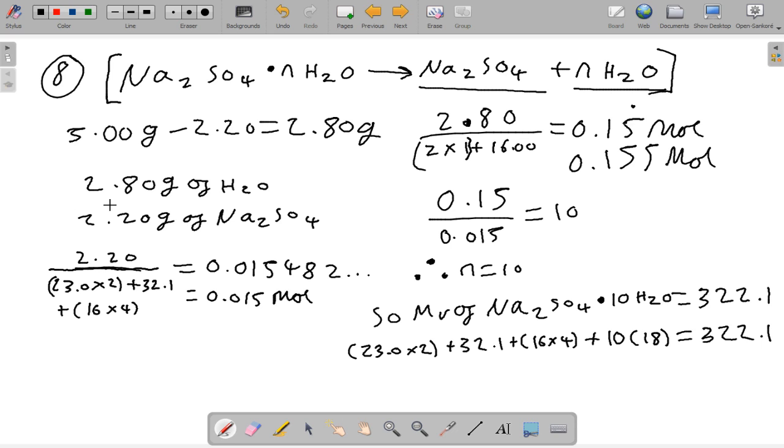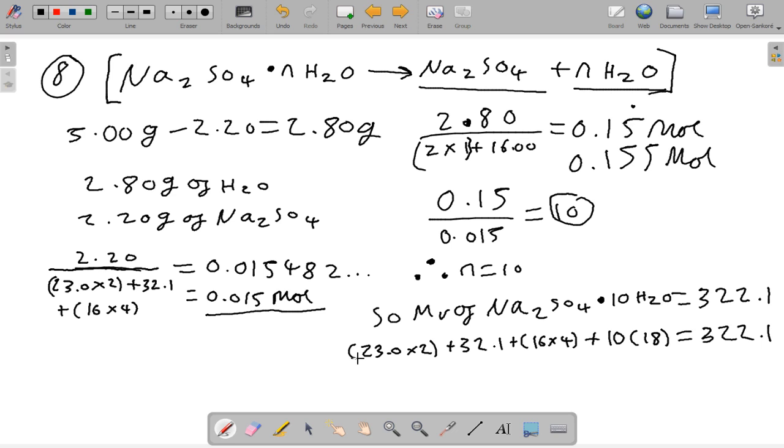And knowing that we have 2.8 grams of water and 2.2 grams of sodium sulfate, we work out the sodium sulfate MR, which is 23 times 2 plus 32.1 plus 16 times 4. We get 0.015 moles. So big number over small number gives us 10. So N is 10. So the MR of Na2SO4.10H2O equals 322.1.